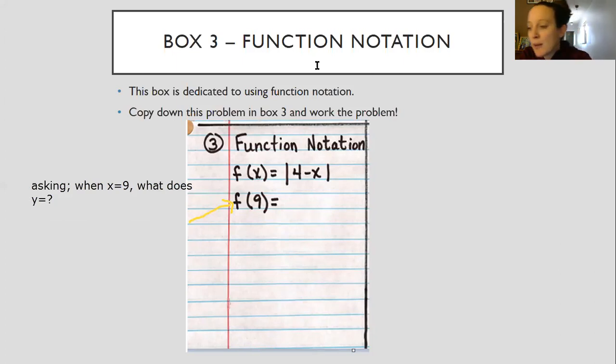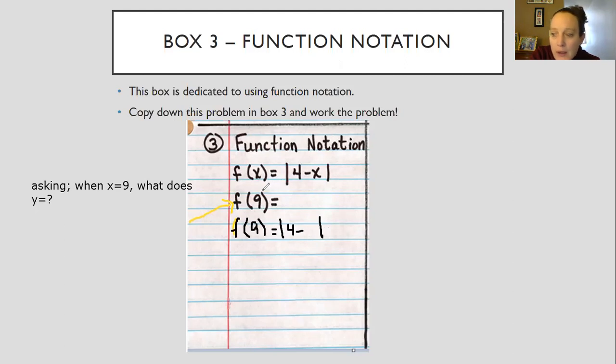So let's do this problem. All right, I better get my pencil back. But I don't want yellow. Okay, we're going to look at f of 9 equals the absolute value of 4 minus, and I'm going to leave a blank there because I have to input something in for x.